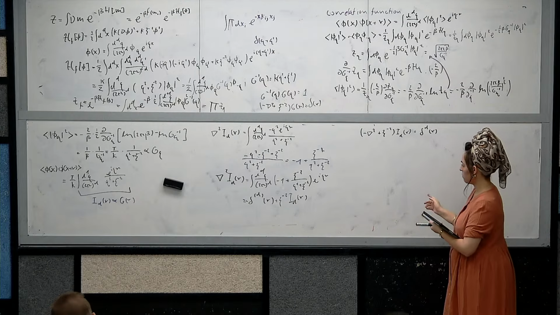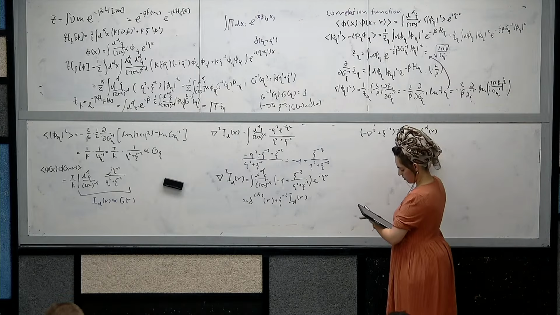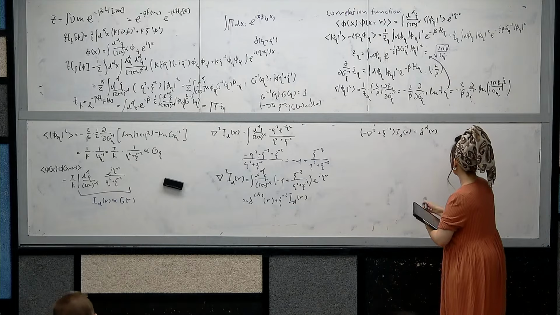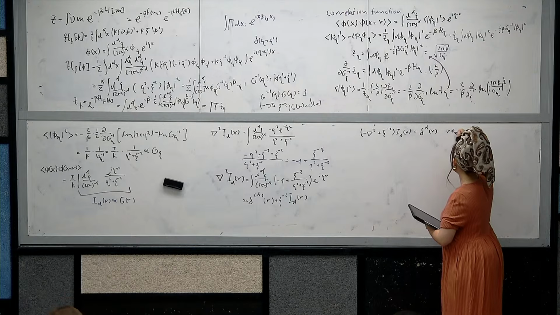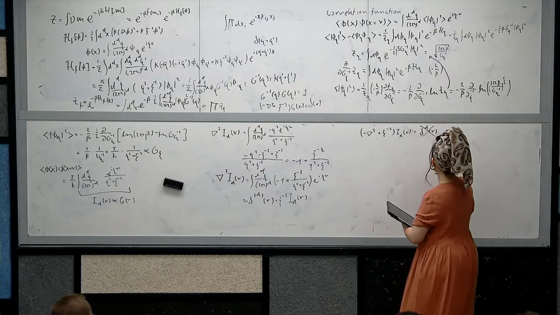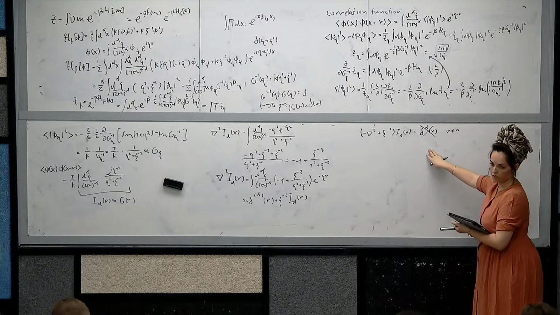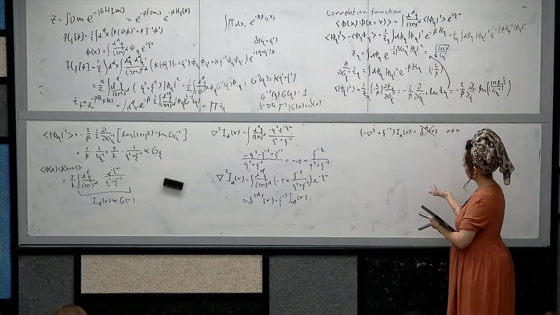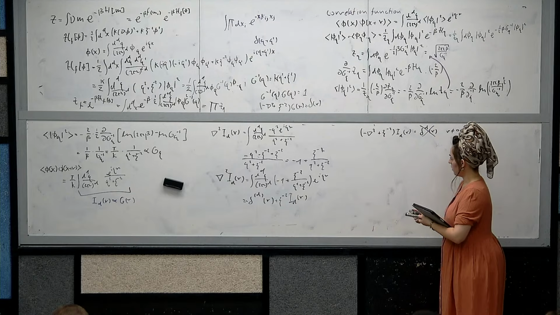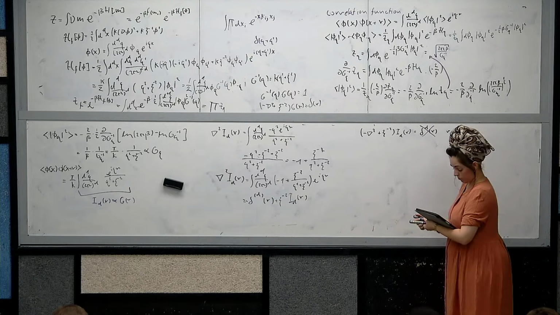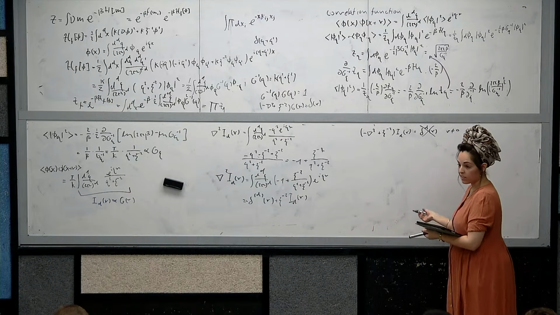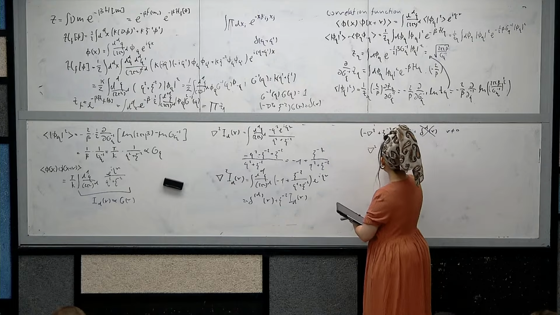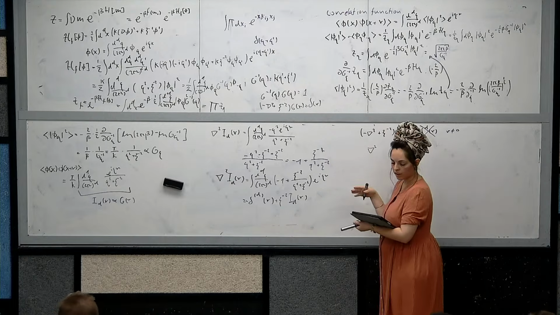Okay. So now we have this equation, and when r is not 0, then you can ignore this term. So it's basically a linear differential equation. So we will solve it now. We are assuming spherical coordinates.